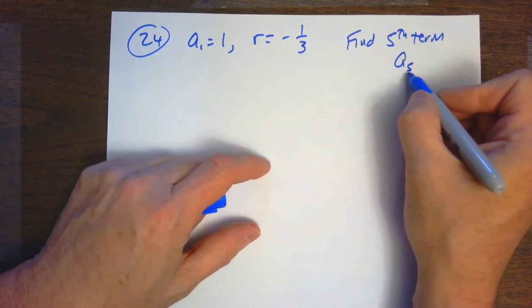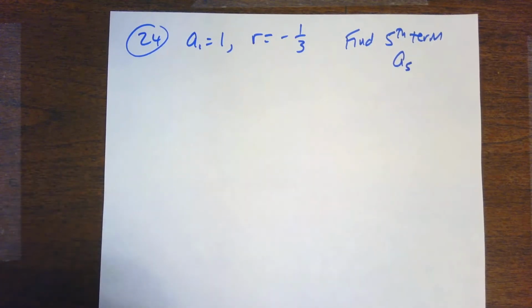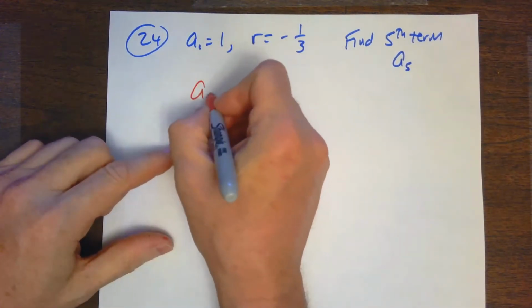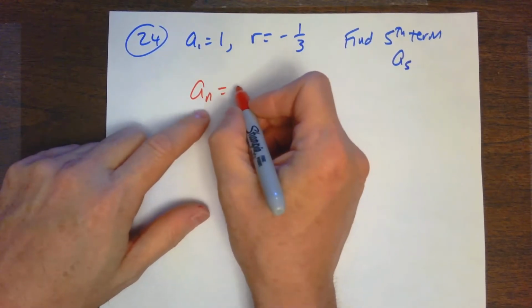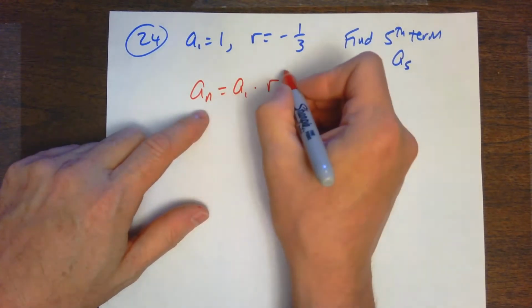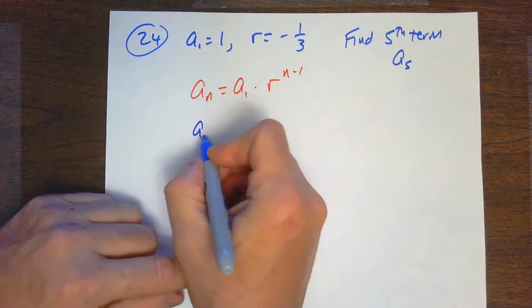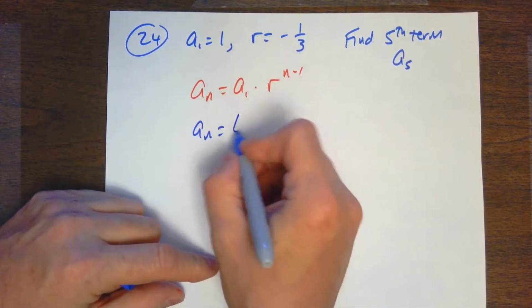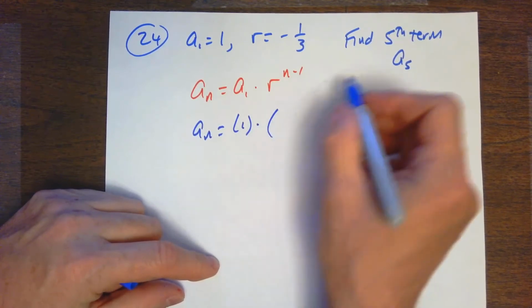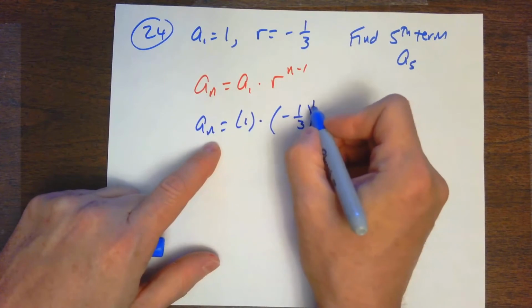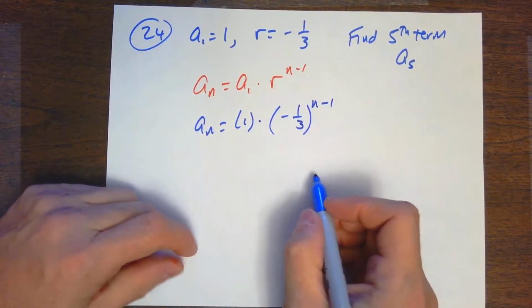That means 5th term. All right, so first thing I'm going to do is create a formula. We've got a sub n. The formula is a sub 1, the first term, times r to the n minus 1. So a sub n equals the first term, which is 1, times r, the ratio, which is negative 1/3, to the n minus 1. There's my formula.